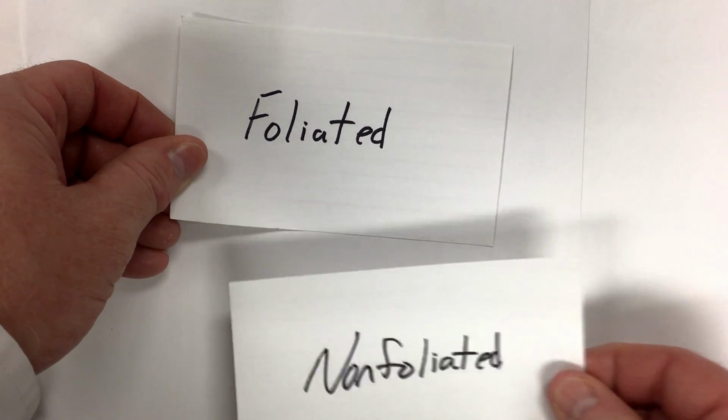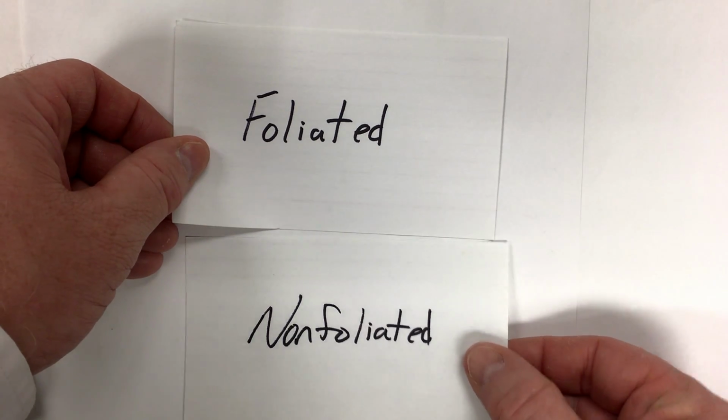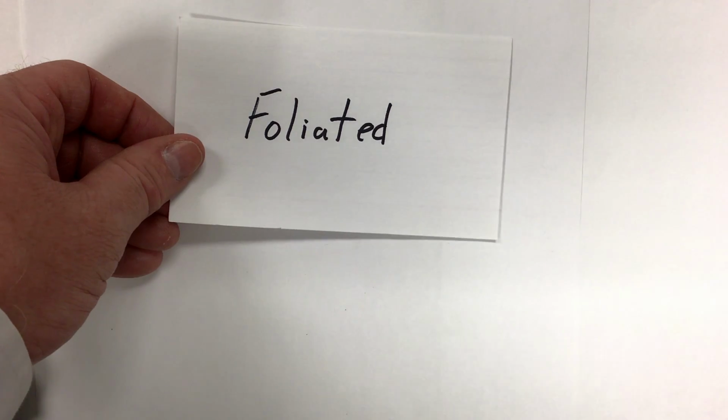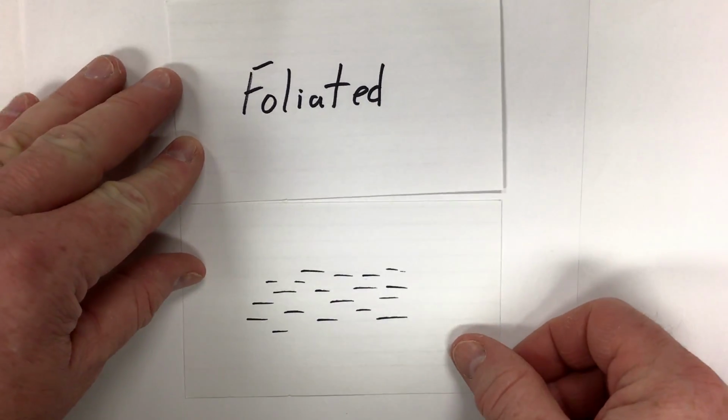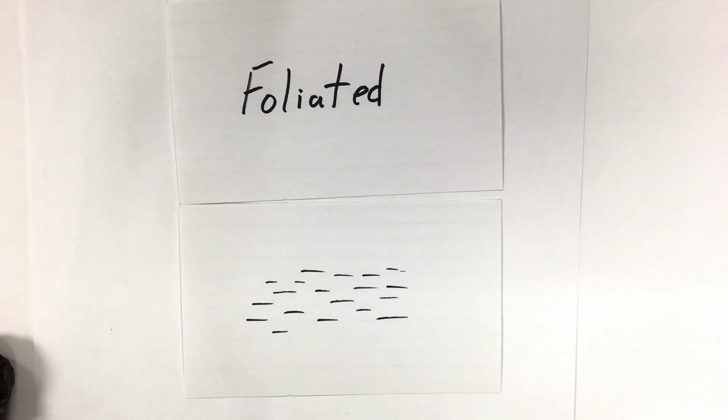Now, when we look at metamorphic rocks, we want to look at whether they are foliated or non-foliated. And foliated, if you think about foliation, like leaves, are when the mineral grains line up and lay flat.